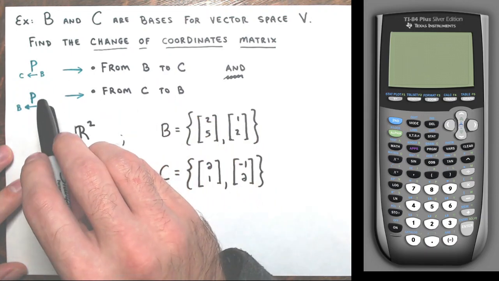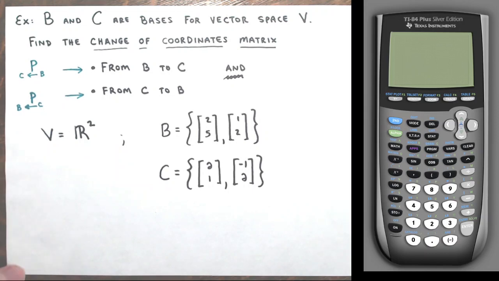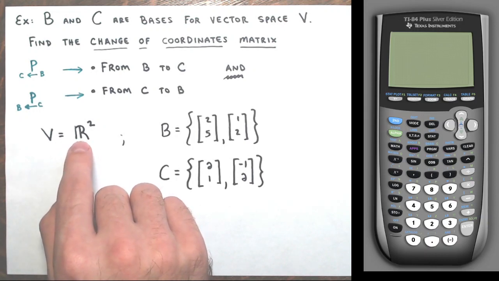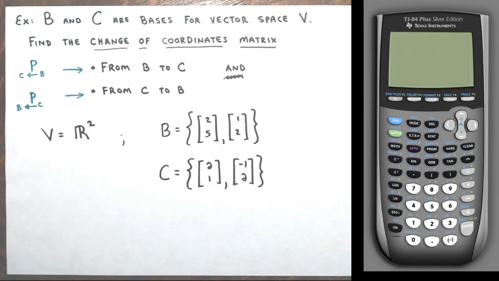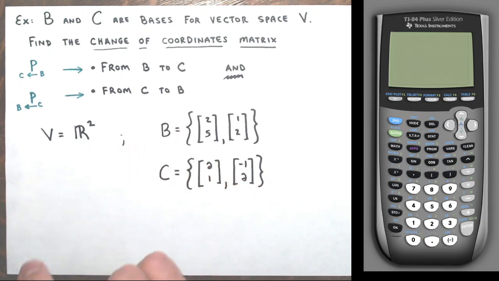And you can also find a transition matrix from C to B, right? So my vector space this time is going to be R2, two-dimensional Euclidean space, under standard operations, right, the way you add vectors and multiply vectors by scalars is the usual, common way. And here are two bases for R2, right?